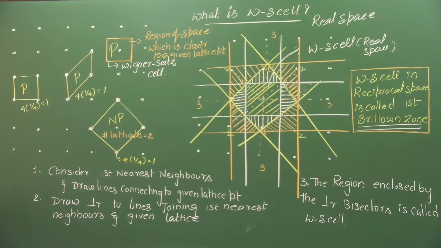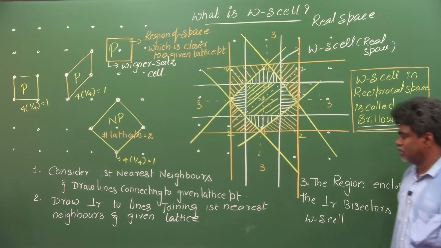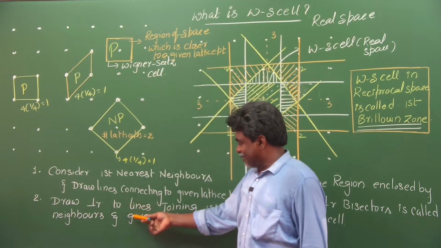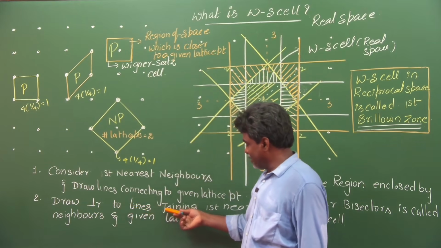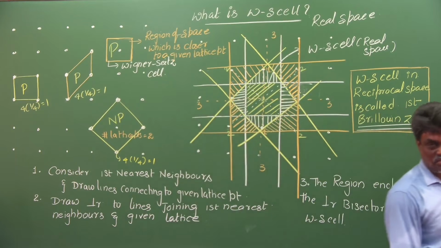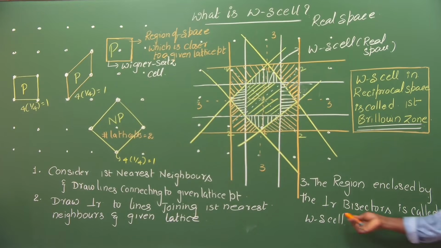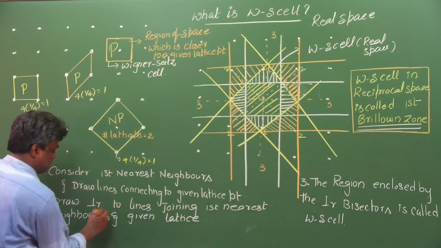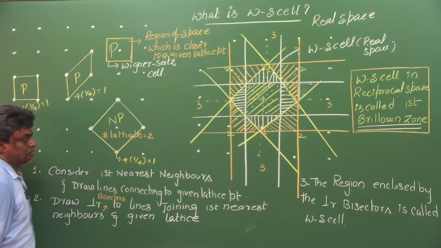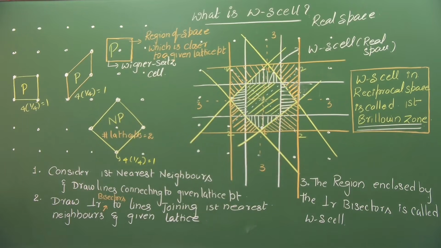Just write those points. Draw perpendiculars to the lines joining first nearest neighbors and the given lattice point. That is enough. And the region enclosed by those perpendicular bisectors is the Wigner-Seitz cell. Or if you see the textbook and write, their language is better than mine.